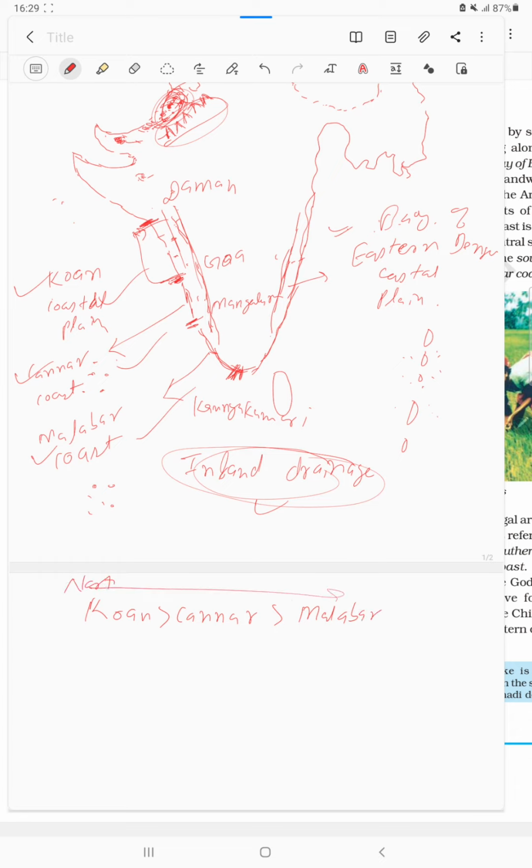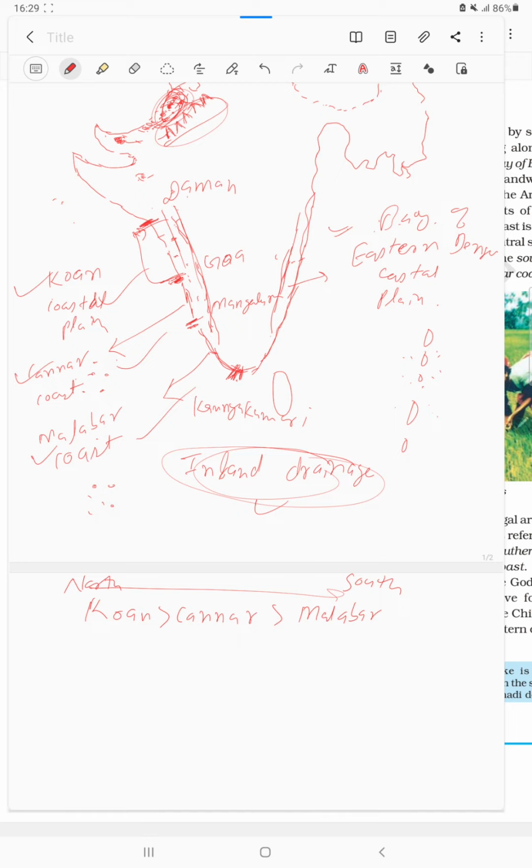Also remember the extent of each. The Konkan coast stretches from Daman to Goa, the Kannad coast stretches from Goa to Mangaluru, and the Malabar coast stretches from Mangaluru to Kanyakumari.